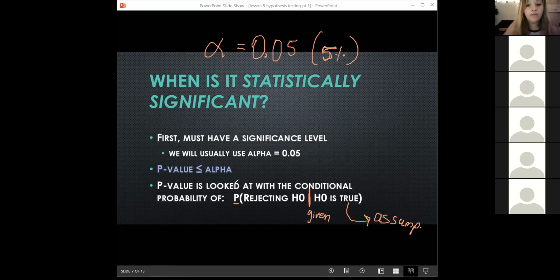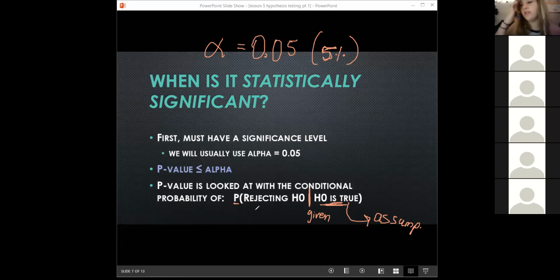Remember the definition on the last slide, the probability of the statistic being that or more extreme. Sometimes this makes more sense to people: your p-value is also the conditional probability of rejecting the null given that the null is true. We assume that there's no change, but the p-value is the probability that we're going to reject that null given that it's true.